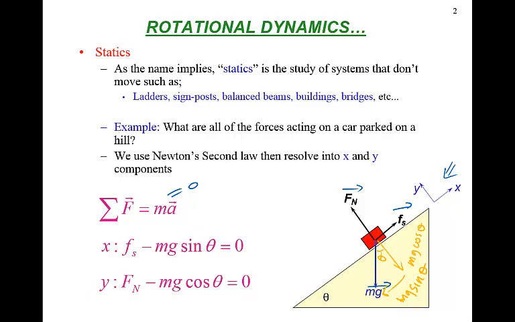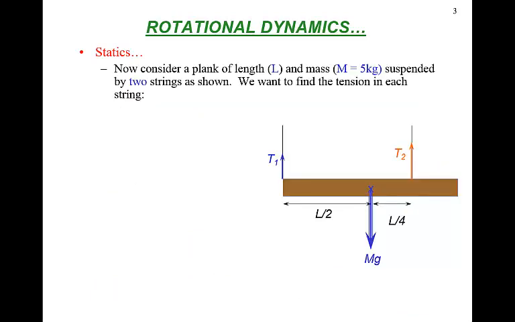How about if the objects are different from this one, objects that have a tendency to rotate? A typical example: a plank with length L and a mass of 5 kilograms is hanging by means of two strings at two different points, not symmetric with respect to the center of mass. If you want to solve for T1 and T2 in cases like this, the first step is always using Newton's second law.